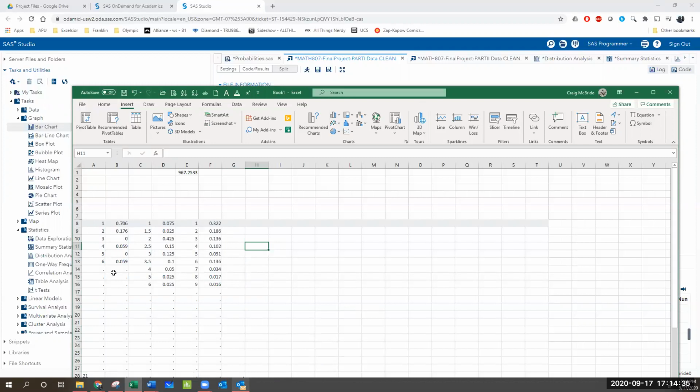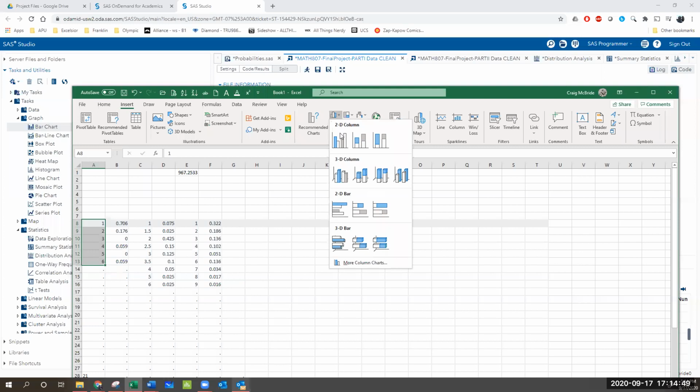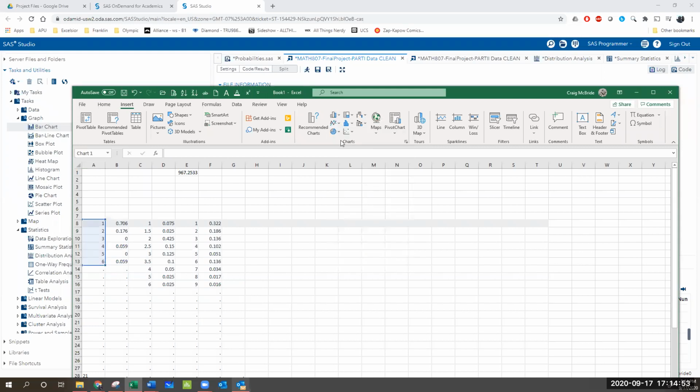If we wanted to, for instance, do a histogram of this data, then you have to be able to tell it its frequencies, and I can't remember off the top of my head how to do it.